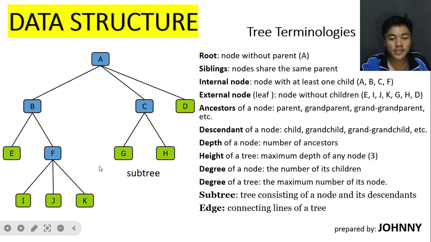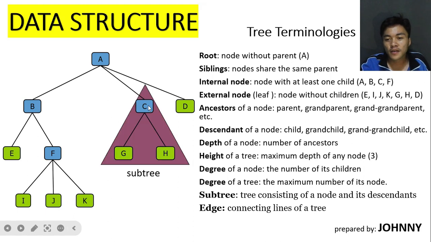Okay, a subtree consists of a node and its descendants. It could be C, G, H, or it could be B, E, F, I, J, and K. And the edge is the connecting lines of a tree.